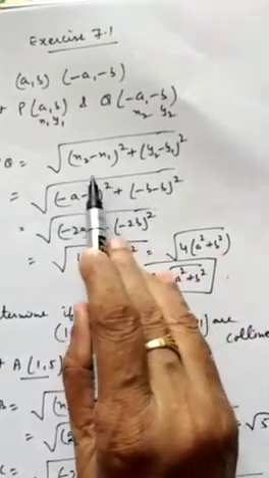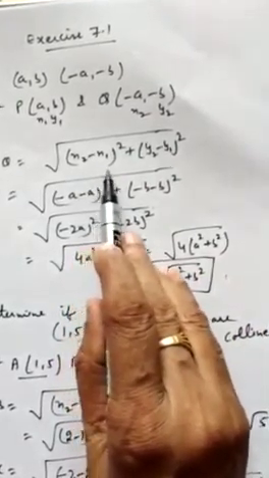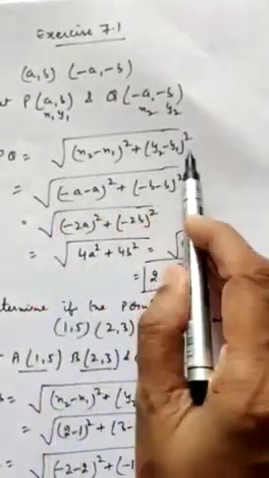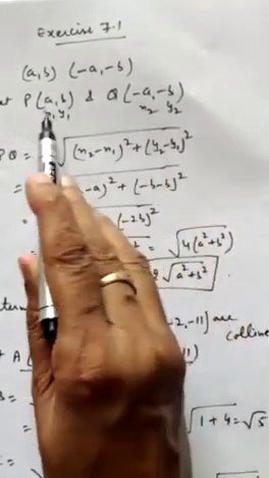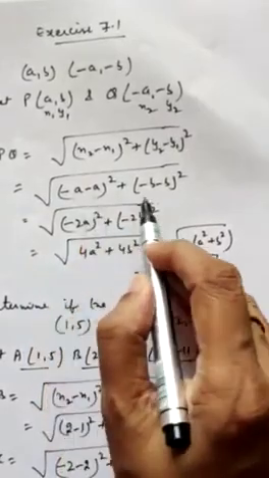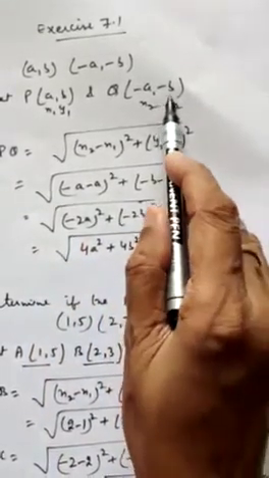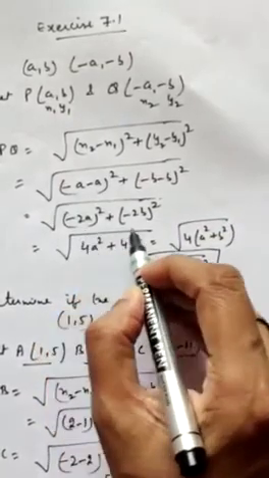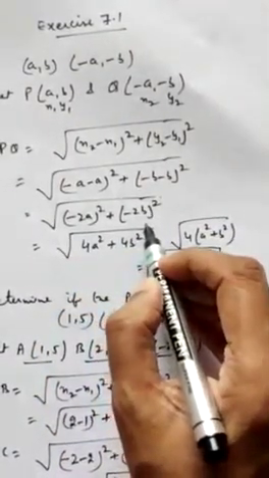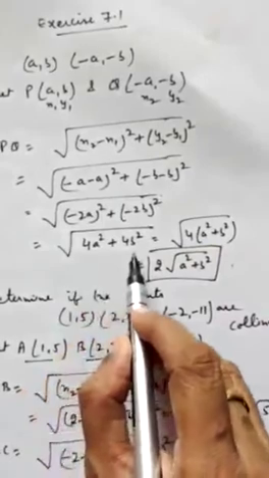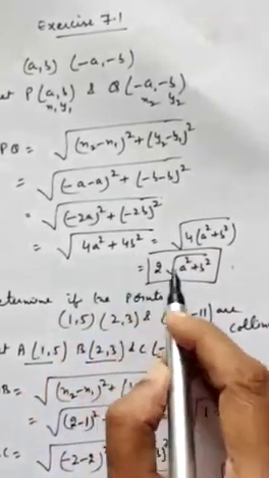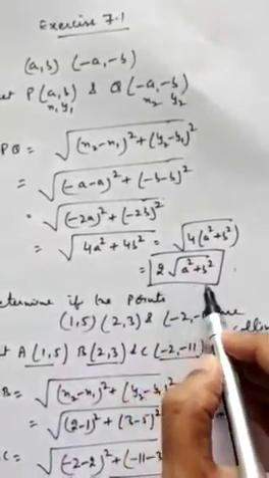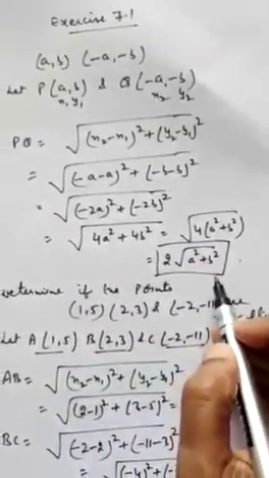Again applying the same formula, under root (x2 minus x1) whole square plus (y2 minus y1) whole square, it is under root of (minus 2a) whole square plus (minus 2b) whole square, that is 4a square plus 4b square under root. After simplification it becomes 2 under root a square plus b square.